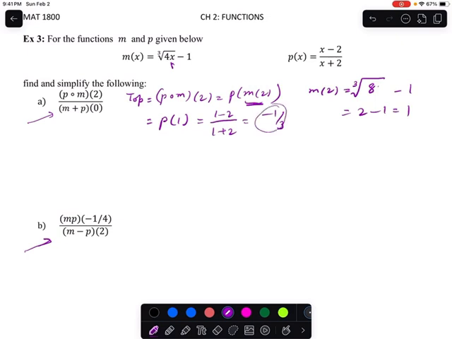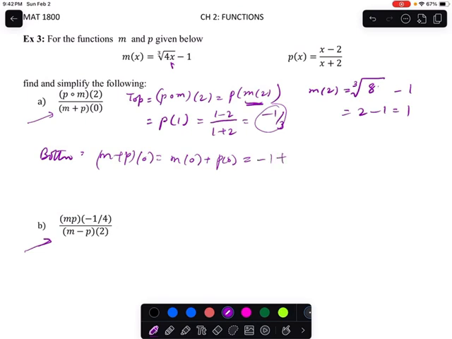Now we work with the bottom. So the bottom is M plus P of 0, which means M of 0 plus P of 0. To evaluate both quantities, M of 0 will be negative 1.